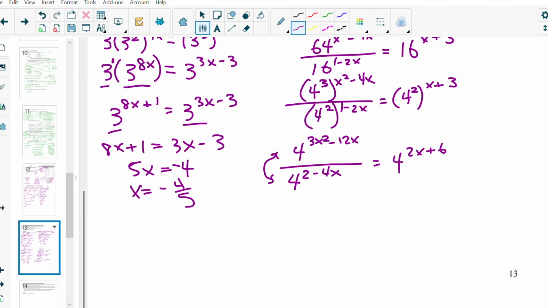I have the same base. I'm going to use the quotient rule. So when the bases are the same, so I have a base of 4, I can combine the base. And when we're dividing powers, I'll combine the exponents by subtracting. So that's 3x squared minus 12x minus 2 minus 4x equals 4 to the 2x plus 6.